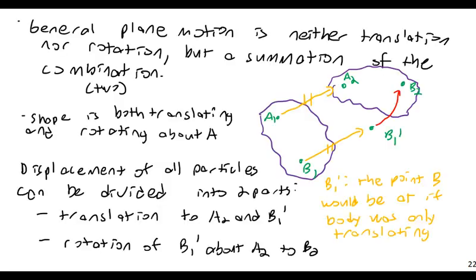Oh, sorry, yes. So rotation of B1 prime about A2 to B2. Okay. Anyway, I also then need to look at absolute and relative velocity in plane motion.